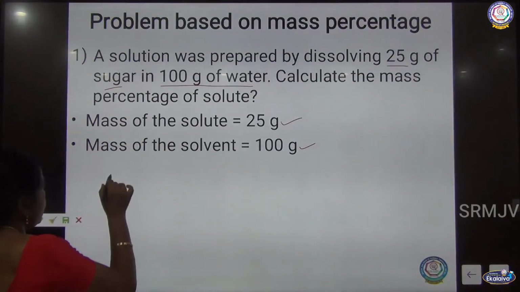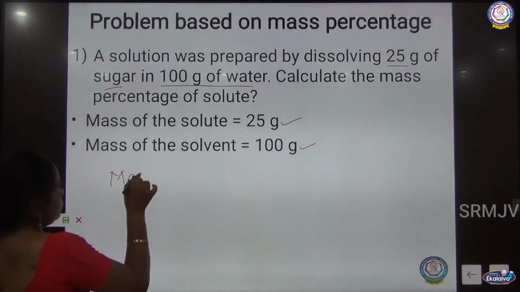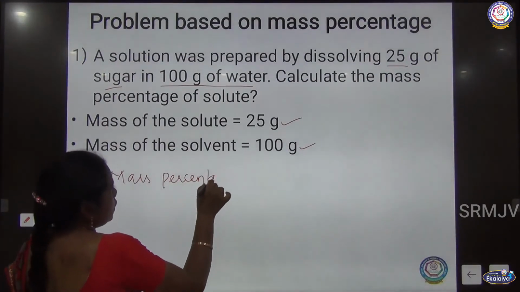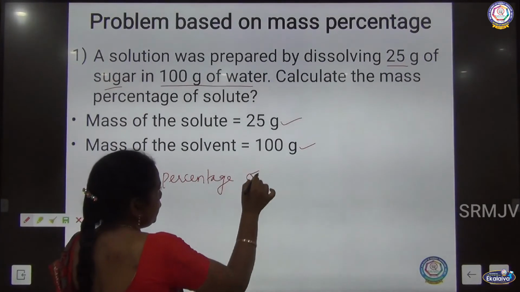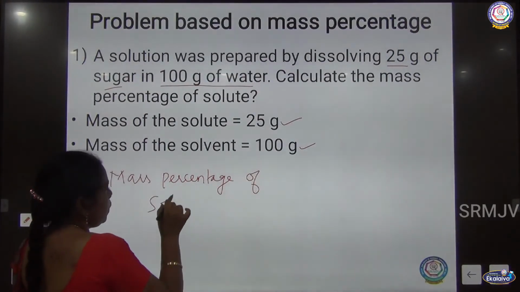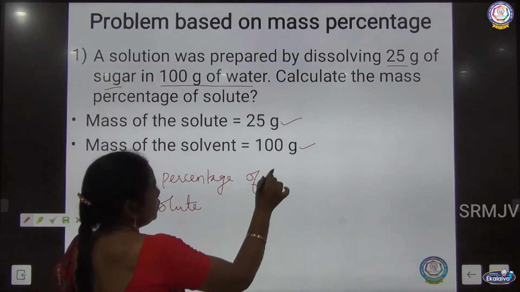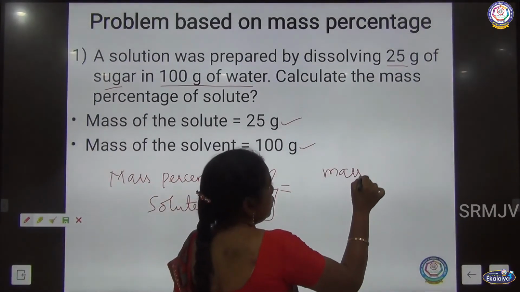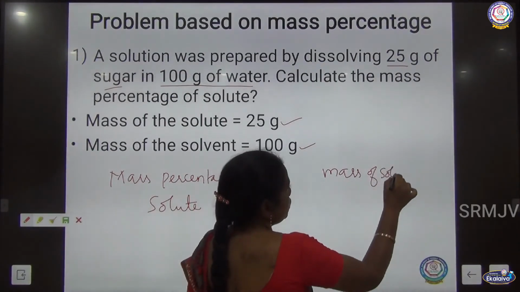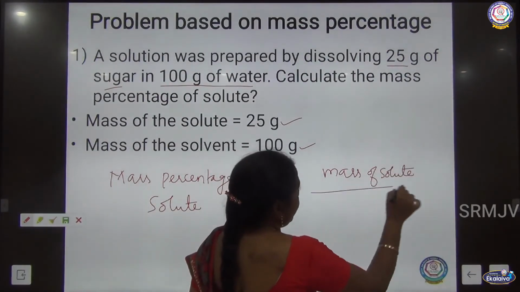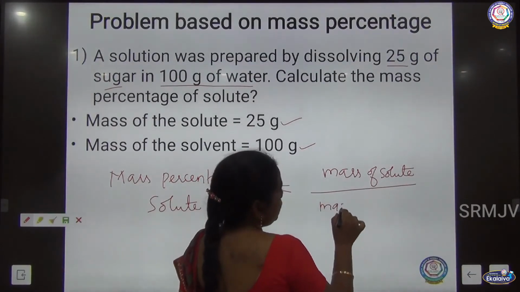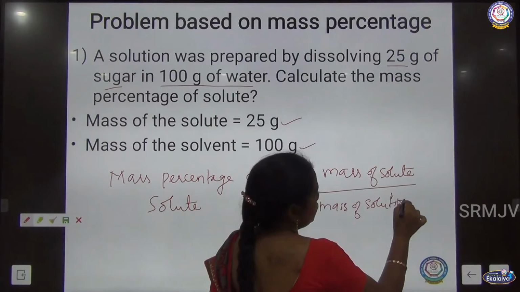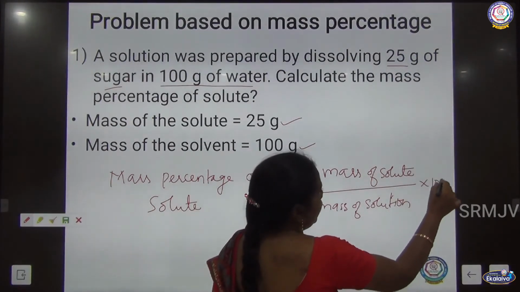Now the mass percentage of solute equal to mass of solute divided by mass of solution into 100.